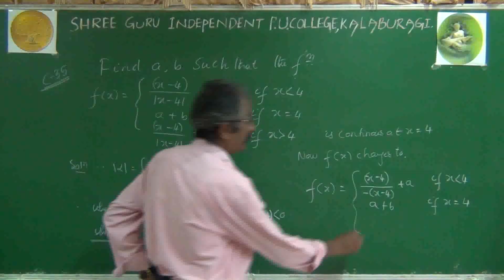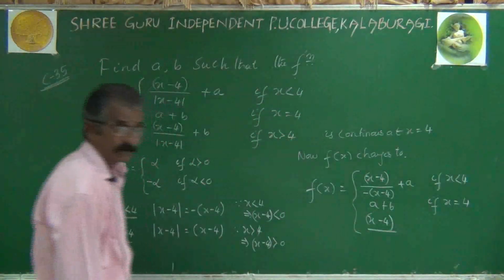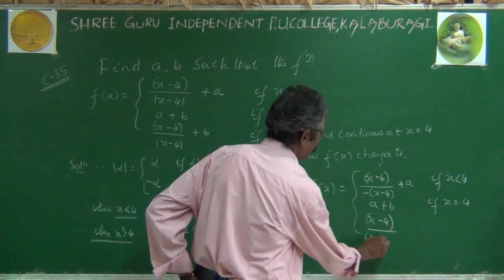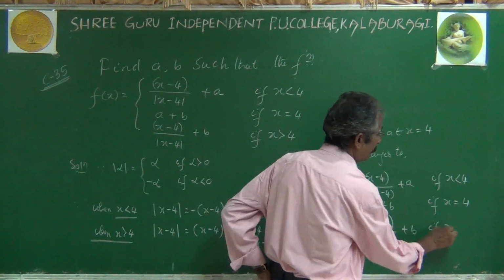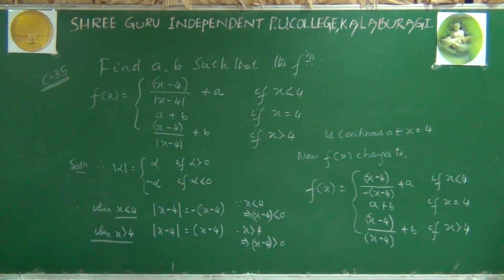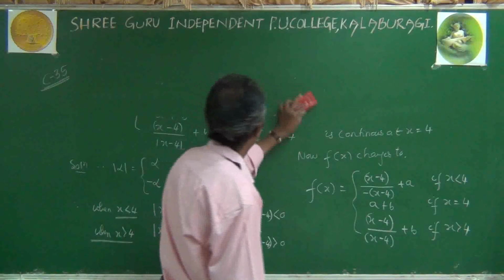Then x minus 4 divided by, for x greater than 4, mod x minus 4 is plus x minus 4, plus b, if x greater than 4. So now the function changes to this form.